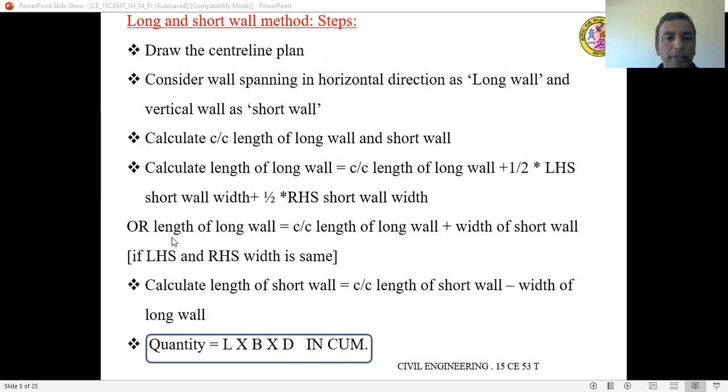Similarly, you have to calculate the true length of the short wall, which is equal to center to center length of short wall minus width of long wall. After getting these two values, you can easily find the quantity by using the formula: length of the wall into breadth of the wall into depth of the wall for the particular item. This will give cubic meter.